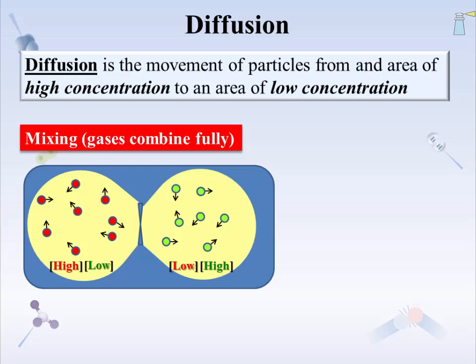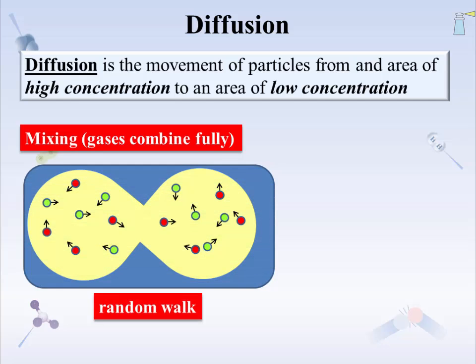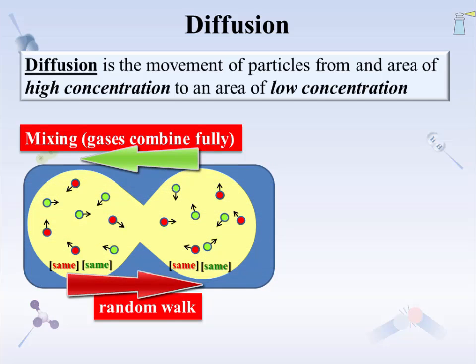If the barrier between the vessels were removed, the gases would mix and the concentrations would change. For the most part, the diffusion of one gas occurs independently of the other type of gas. In this example, mixing is really two diffusion events happening at the same time. When the barrier is finally removed, each type of gas, through random walking, diffuses from an area of high concentration of its particle type to an area of low concentration of its particle type.